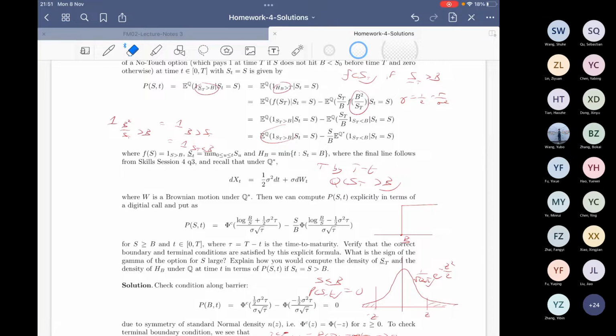Gosh, there's just no room for that here. dXt is minus half sigma squared dt plus sigma dWt. So I think the reason it's positive is because you subtract the drift, but the drift is negative, so it's a minus times a minus.